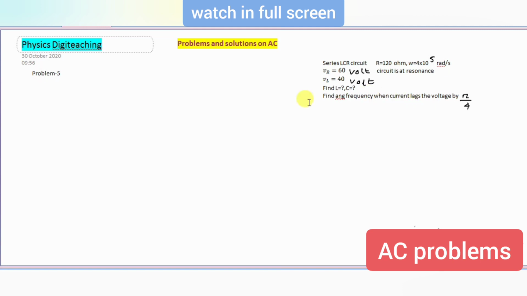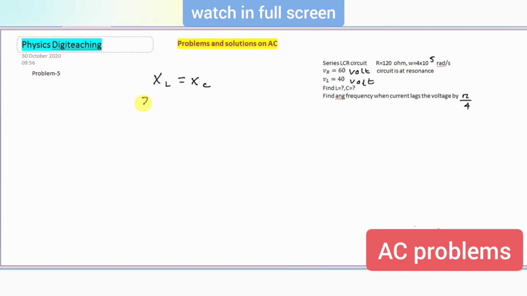Our circuit is at resonance. Therefore at resonance we know XL equal to XC, reactance of inductor equal to reactance of capacitor, and the circuit is purely resistive.